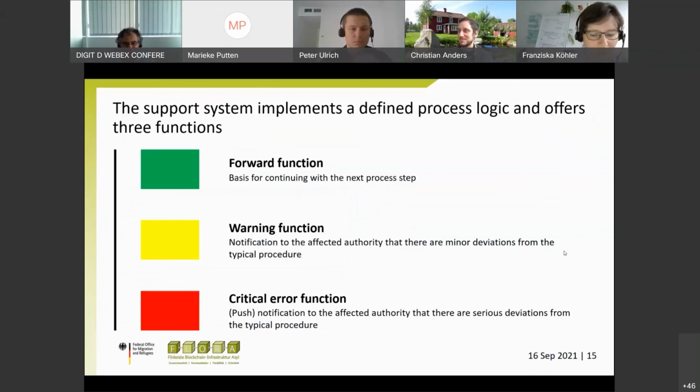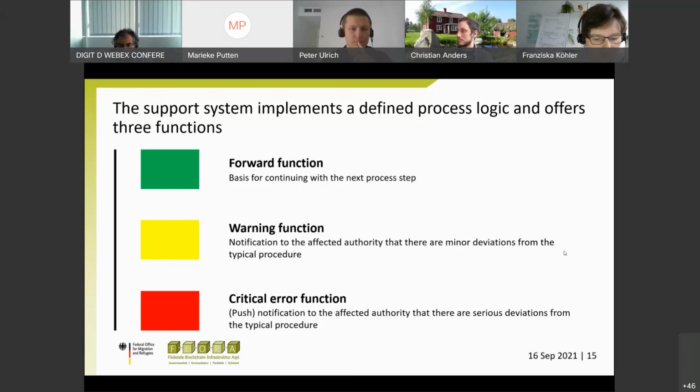The application knows the local standard process and supports the officials by following it. This business function can be compared to a traffic light. Green means everything is okay, the procedure can go on. But as we all know, in practice it can happen that the real process goes in another way. And for such a dissent, we defined two steps of warning functions.